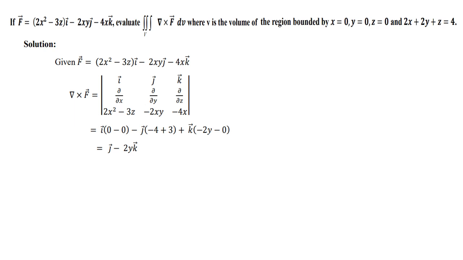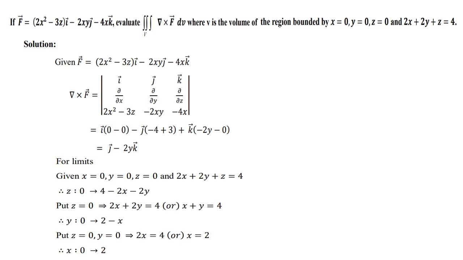So here they have given the value of f vector as (2x square minus 3z) i vector minus 2xy j vector minus 4x k vector. So by using the cross product concept, del cross f vector is going to be equal to j vector minus 2y k vector by using the determinant.